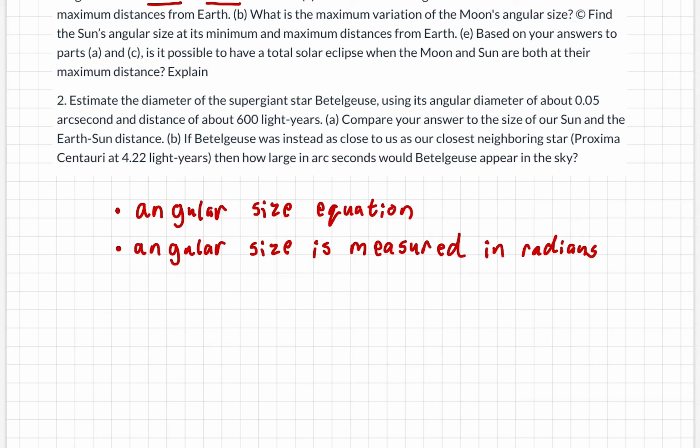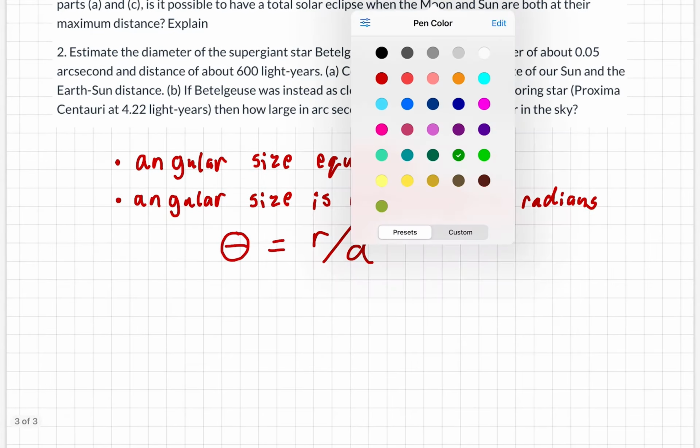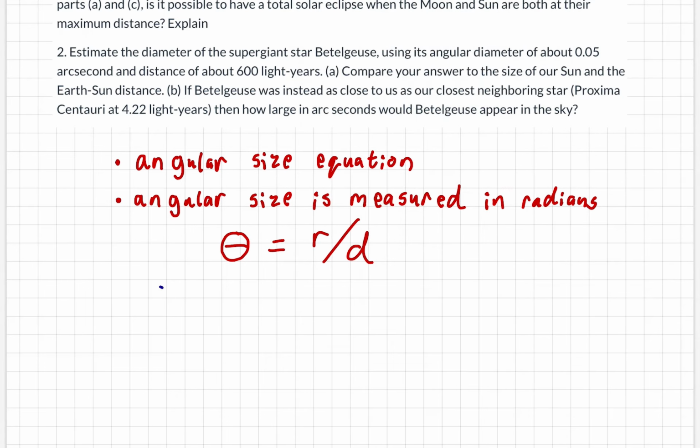The statement says that theta, which is angular size, is going to be equal to R over D. Let's go ahead and label our variables here. Theta is angular size in radians.